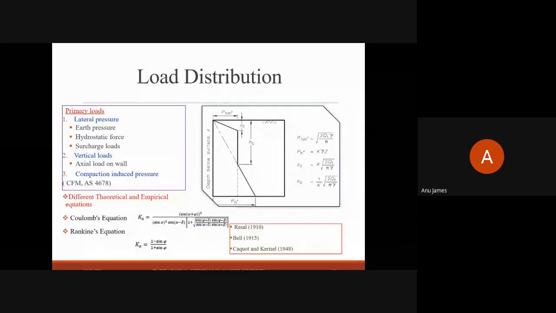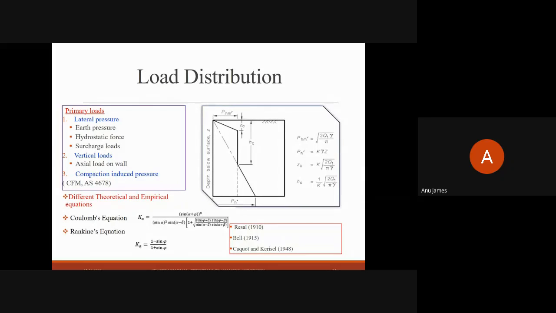Lateral pressures in terms of the earth pressure from the adjacent soil mass, due to underground waters, and any surcharge loads acting. All these we consider for any geotechnical analysis, let it be a retaining wall or foundations. So that's the primary load for a deep excavation diaphragm wall system also.